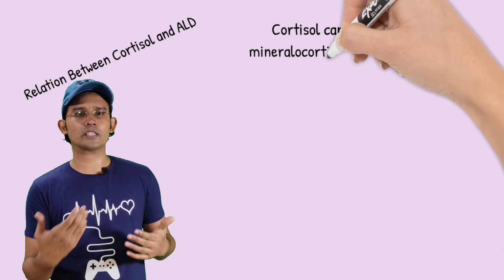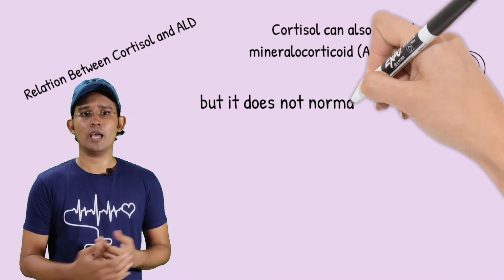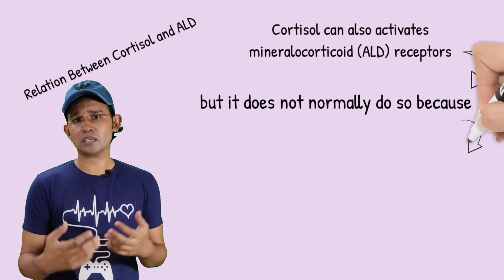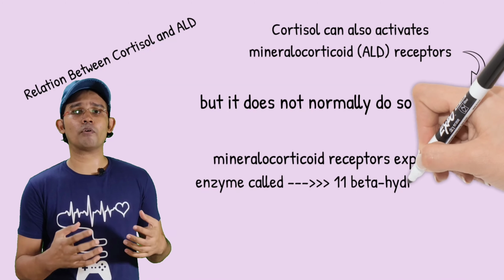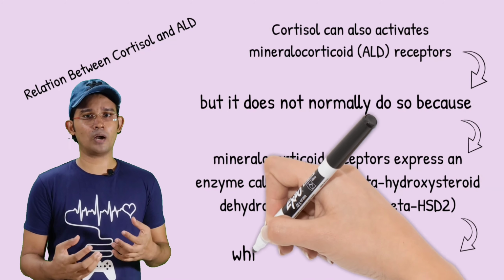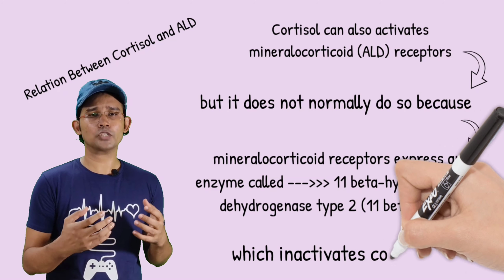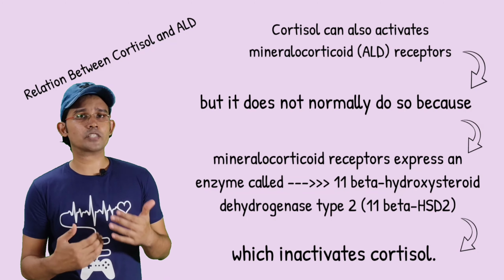Cortisol can activate mineralocorticoid, that is aldosterone, receptors, but normally it doesn't do so because the mineralocorticoid receptor expresses an enzyme that is called 11-beta hydroxysteroid dehydrogenase type 2, which inactivates cortisol.